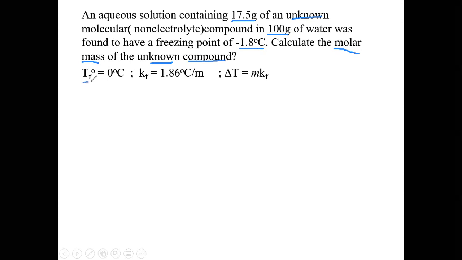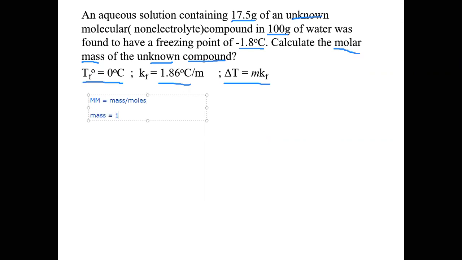In this case, it gives us the freezing point of the pure solvent, the KF, and we know that delta T equals the molality times KF. What we also know is that molar mass equals the mass divided by the moles. So to calculate the molar mass, we need to know the mass, which we do know, and the moles, which we don't know.